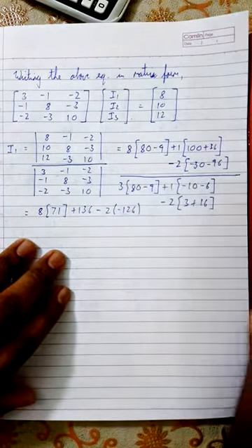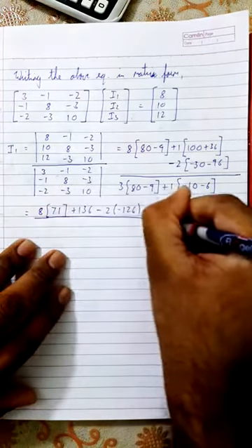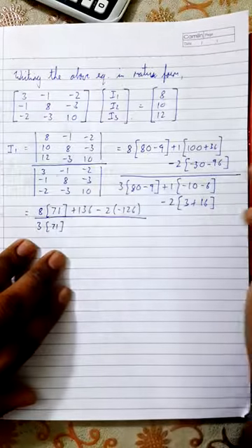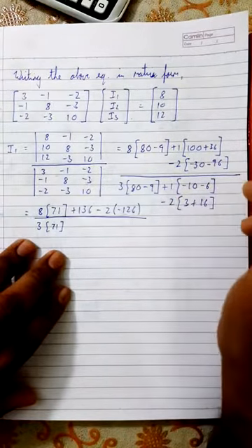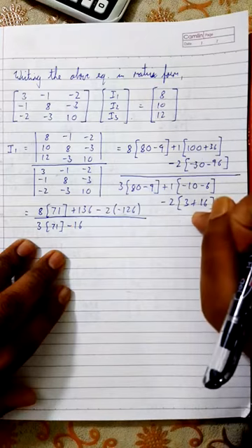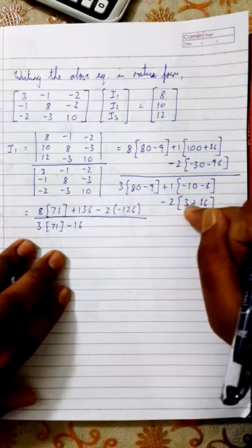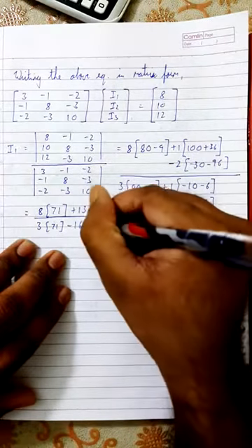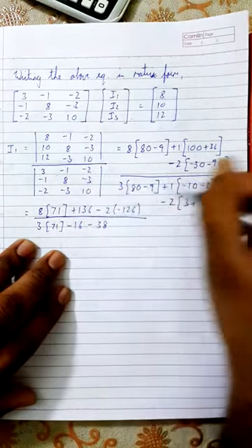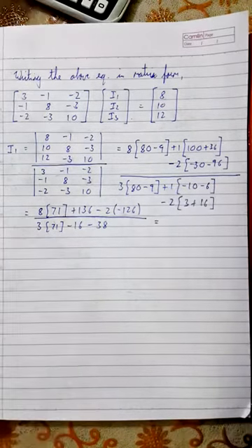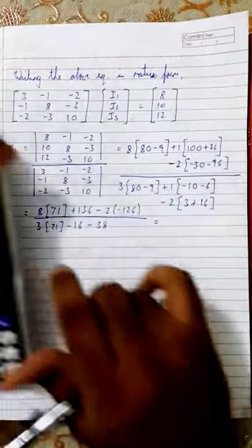Okay, divide by, that's the numerator, and denominator it is again 3 into 71, minus 16, and this is 19 into minus 2 is minus 38. So you have minus 38.